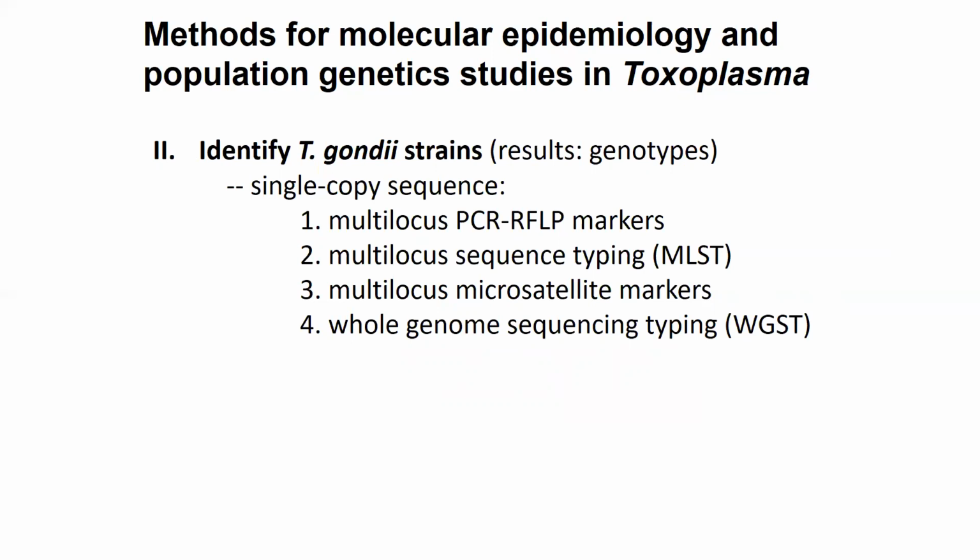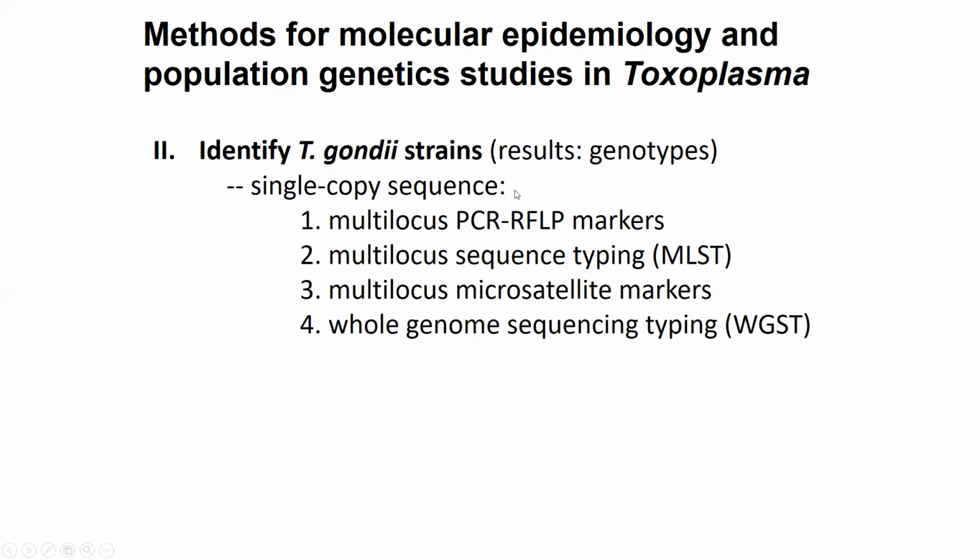For genotyping, basically you look at DNA. There are different types of DNA sequences you look at to get information. For genotyping, you work on single copy sequences.